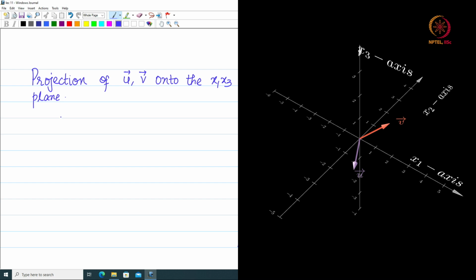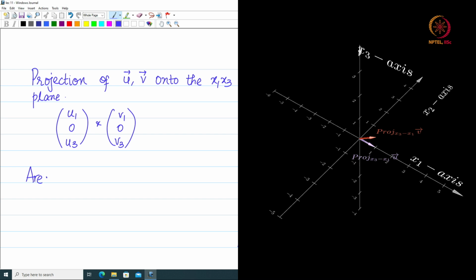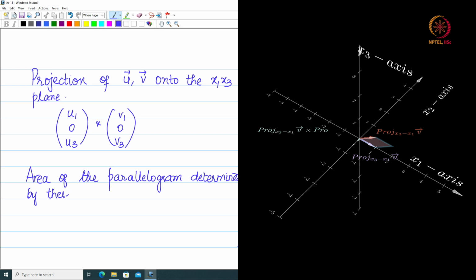If we do this, this is going to be (u1, 0, u3) and (v1, 0, v3), and the area of the parallelogram determined by these two vectors is given by, again, the length of the cross product, which is the absolute value of u3 v1 minus u1 v3.